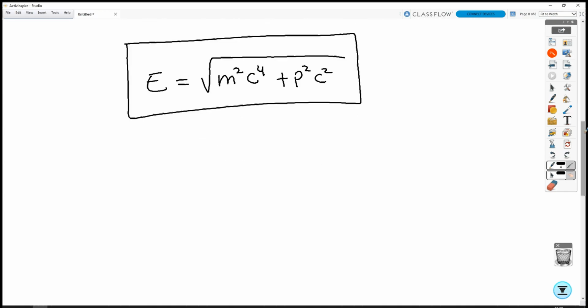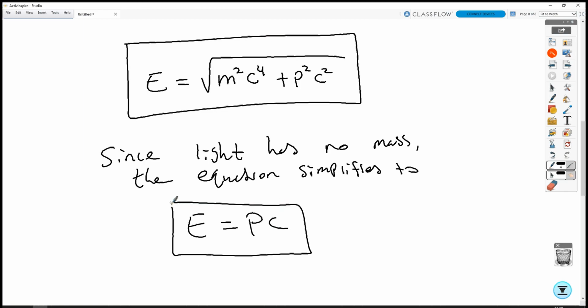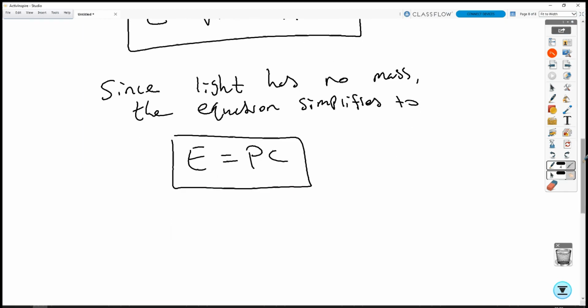So, since light has no mass, the equation simplifies to E equals pc. This is the momentum of light.